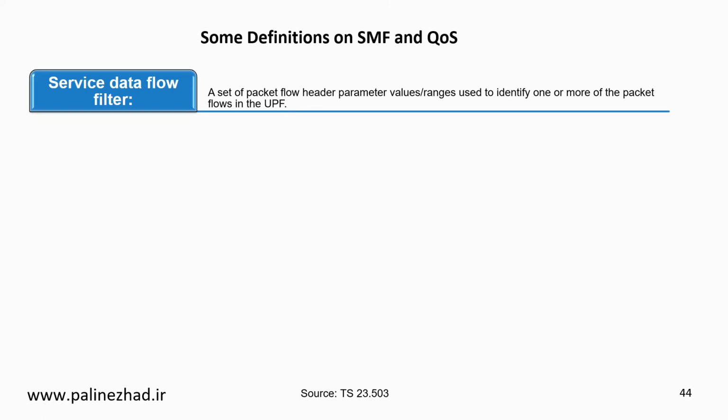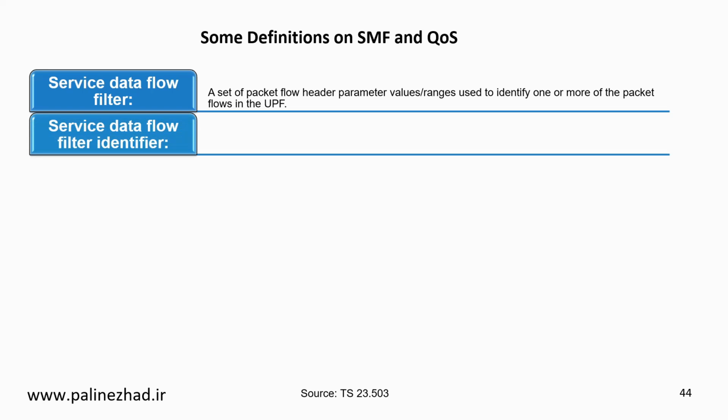And these packet flows, as you know in the UPF, are IP flows. Maybe it's a little bit hard to understand these terms now, but in the next slides you will better understand the contents. So trust me and just listen to these definitions, no need to go into the details now.